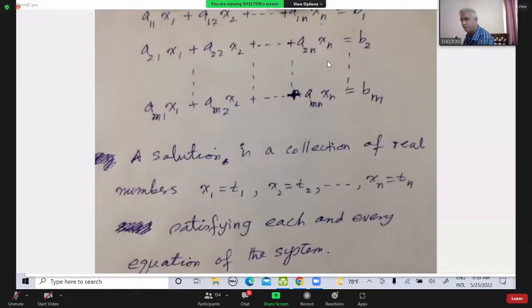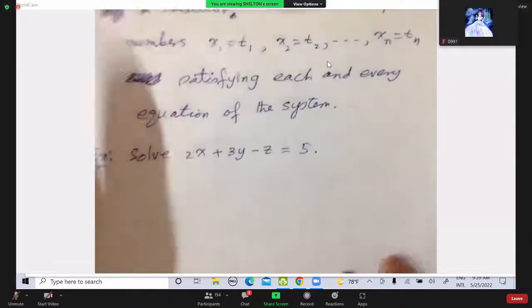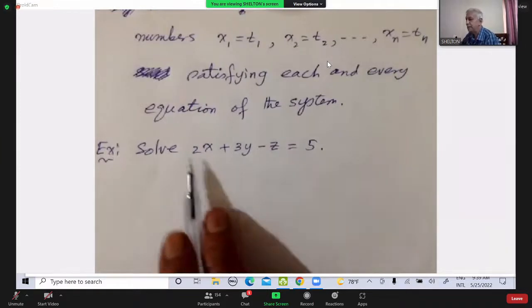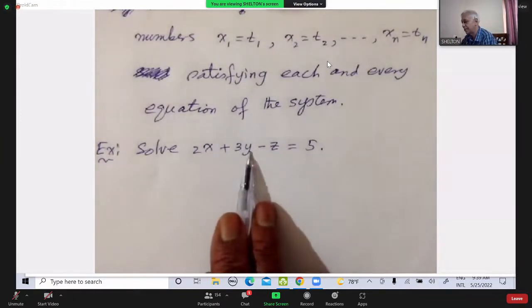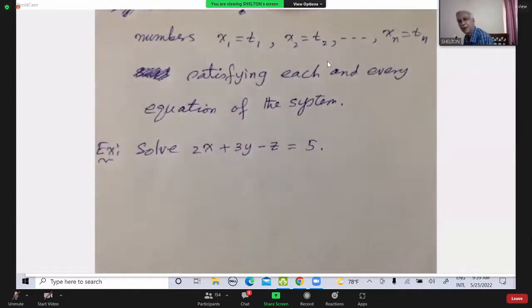Solve this equation: 2x1 plus 3x2 minus x3 equals 5. How do you solve? What is the solution?